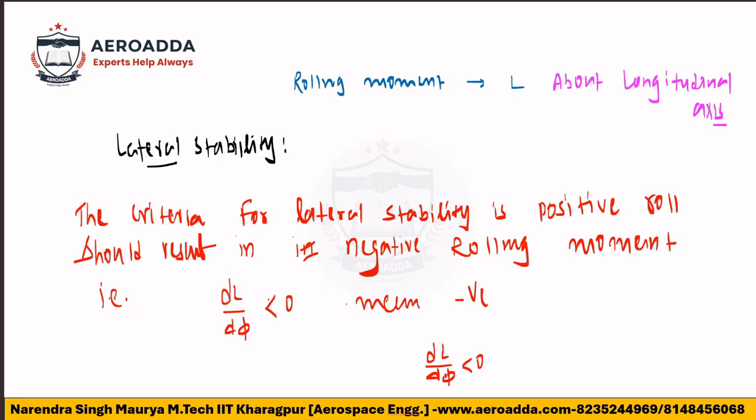So for that reason, you had written dou Cm by dou alpha less than 0. Pitching moment coefficient, dou M by dou alpha was negative. Same thing is here also. So the roll is positive, but from the stability point of view, the moment should be a negative rolling moment.